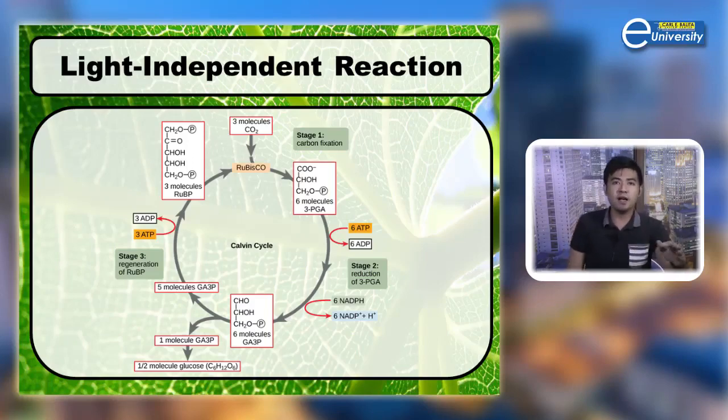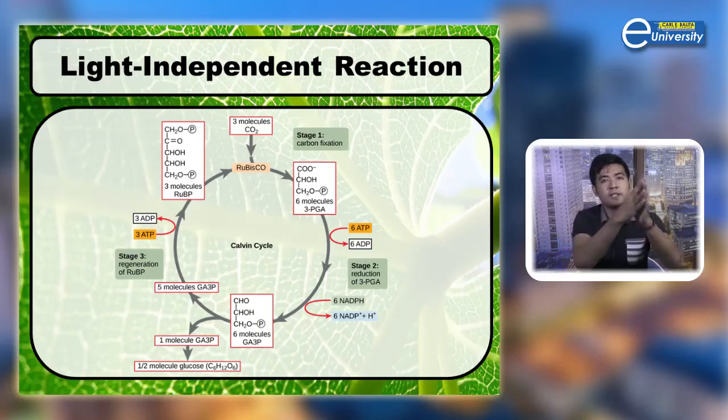Stage 1 is the carbon dioxide fixation. Of course, again, carbon dioxide is derived from the environment through the gas exchange site, which is the stomata. The carbon dioxide will now enter the Calvin cycle, in which it combines with the 4 carbon molecule.